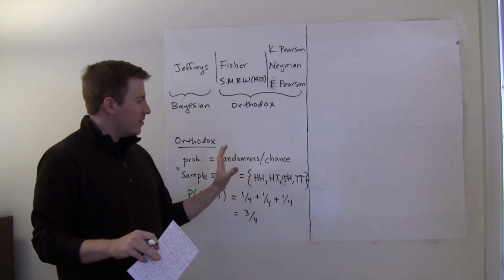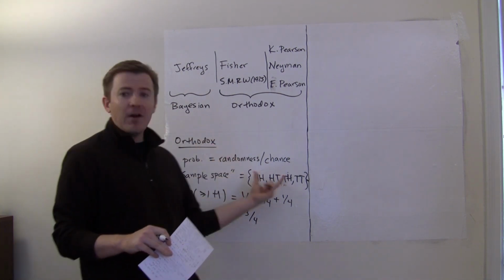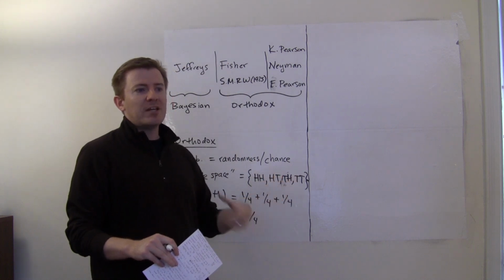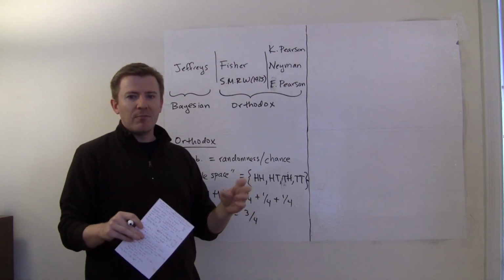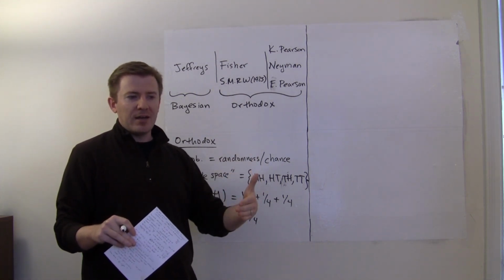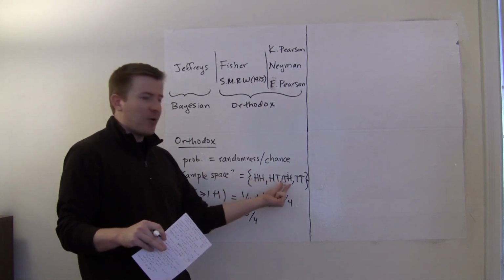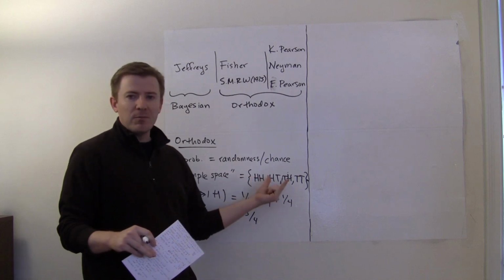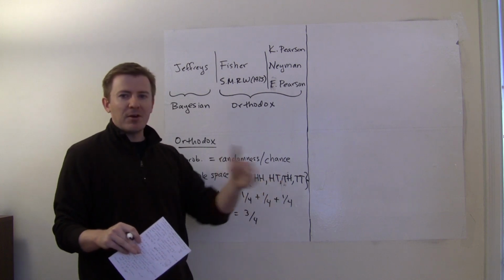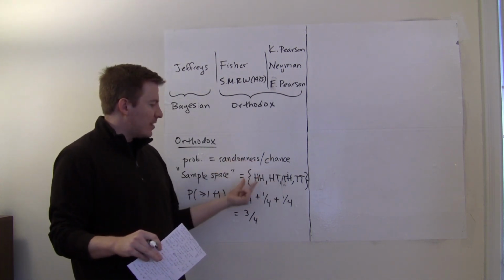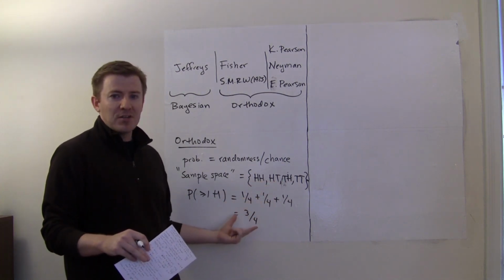What the Orthodox statistical argument is going to basically consist of is that you can always verify these probabilities just by doing the experiment a large number of times. In this case, we'd imagine flipping these two coins over and over again, and looking at the limiting frequencies that we get of each one of these possible results of the pair of coins, and we'll say, if it happens that each one comes up about a quarter of the time, then we were correct in our assumption that these were equally likely, and therefore the probabilities we've calculated as a result are correct.